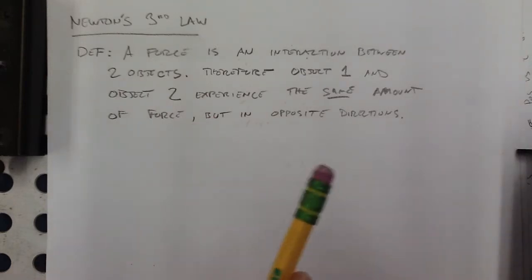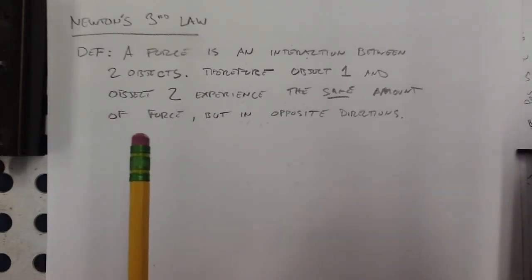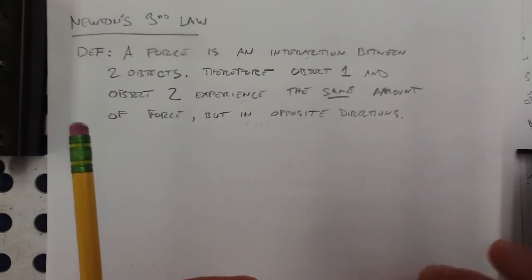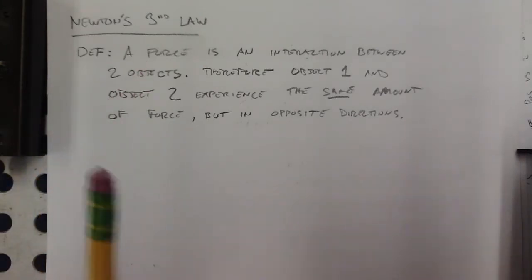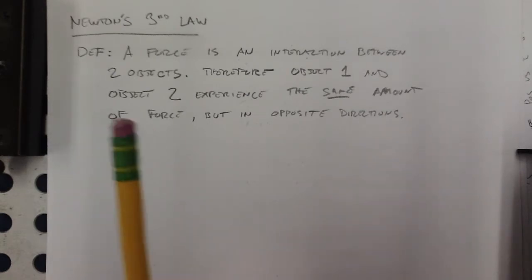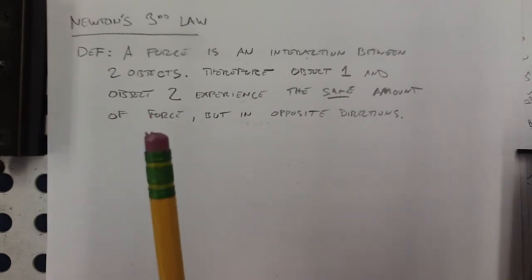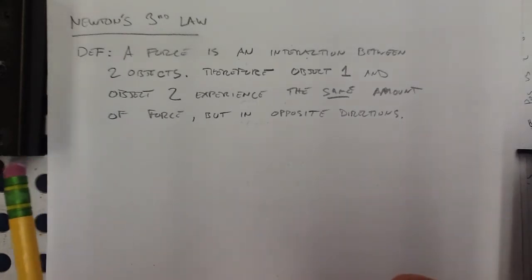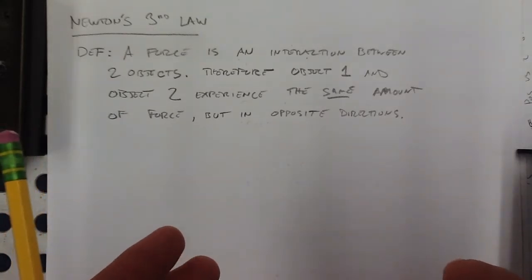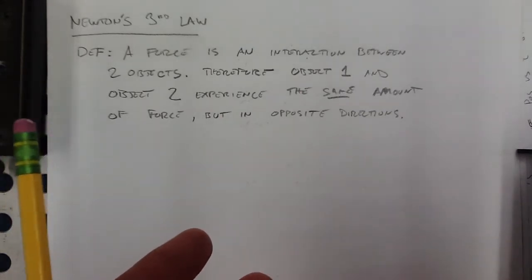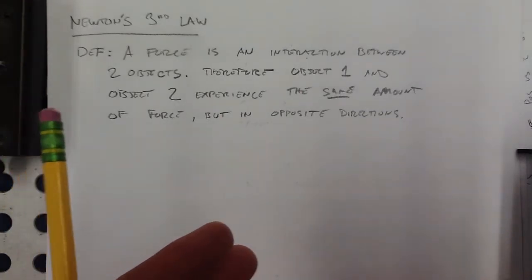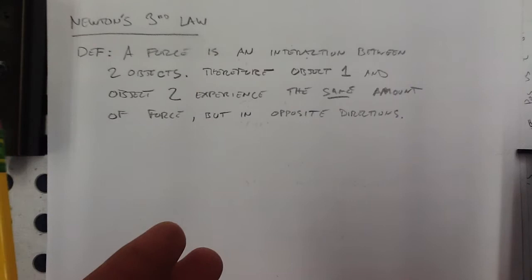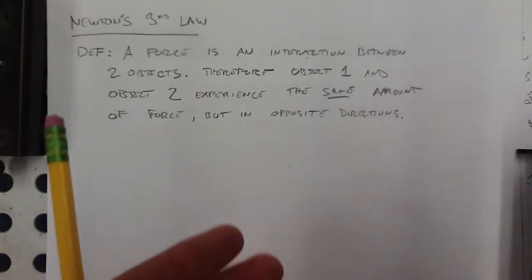So it's not possible that somehow the bat could be touching the ball harder than the ball is touching the bat. They're touching each other. There's only one touching, and that's reciprocal. You can't have a different amount of interaction for one of them versus the other one. So then you might think, well, that doesn't make any sense because the ball's going to go flying 400 feet over the wall in the back, and the bat is going to actually keep moving forward.